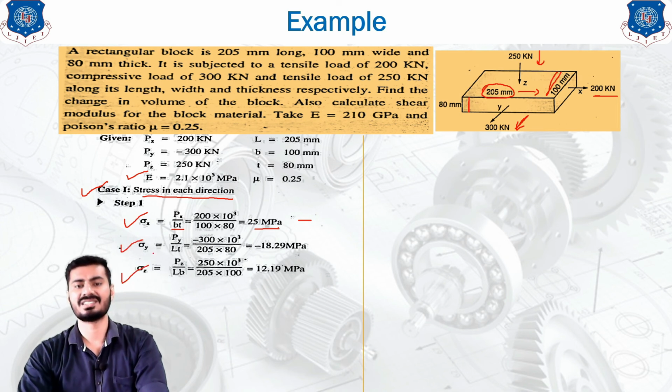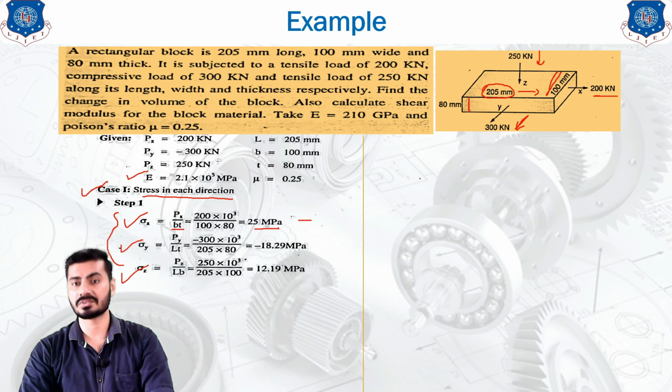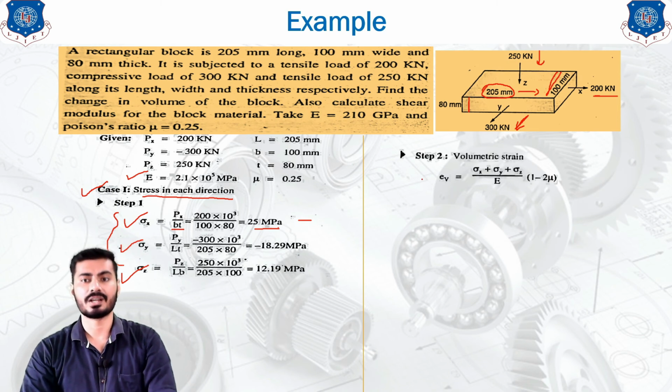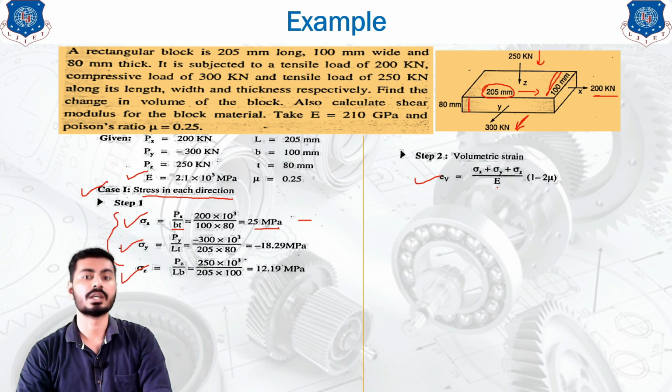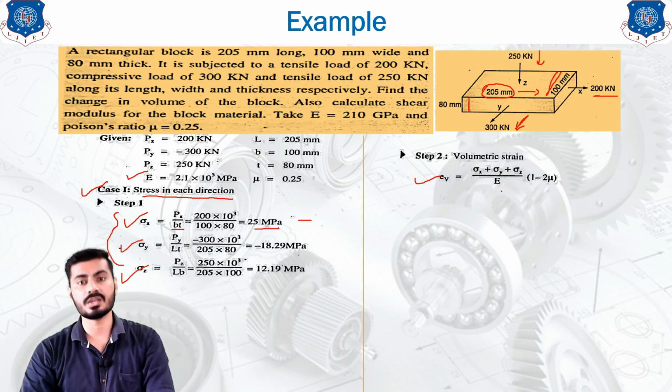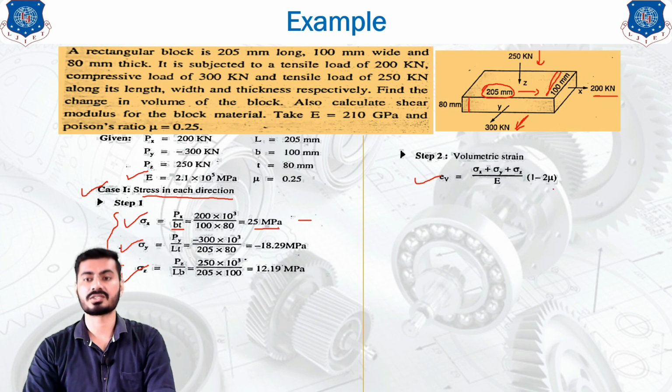These are the very basic equations, and from them we can easily find the three different stresses so that we can calculate the volumetric strain. The volumetric strain equation is sigma x plus sigma y plus sigma z upon E. Why have we selected this equation? Because this block is subjected to three mutually perpendicular stresses, so we have to find the volumetric strain using this equation.